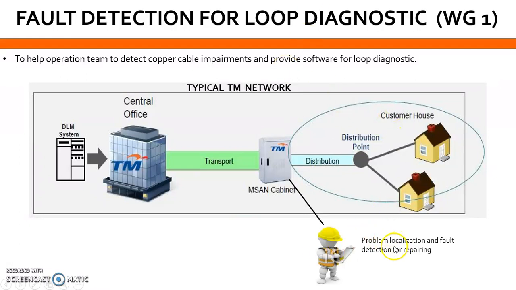So the engineer will analyze the problem localization and the fault detection for the repairing. From the central office to the MSAN cabinet, basically you will use the fiber cable. From the MSAN cabinet, you will use the copper cable for transmitting all the data from the server to the customer house.